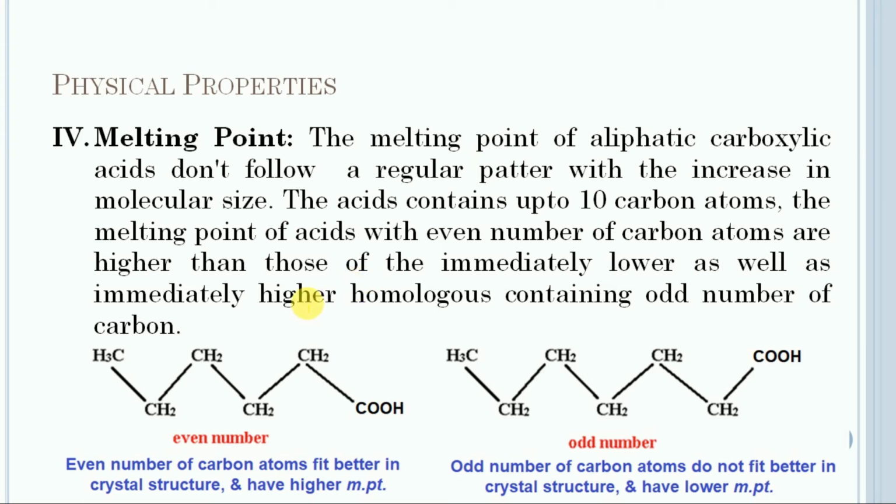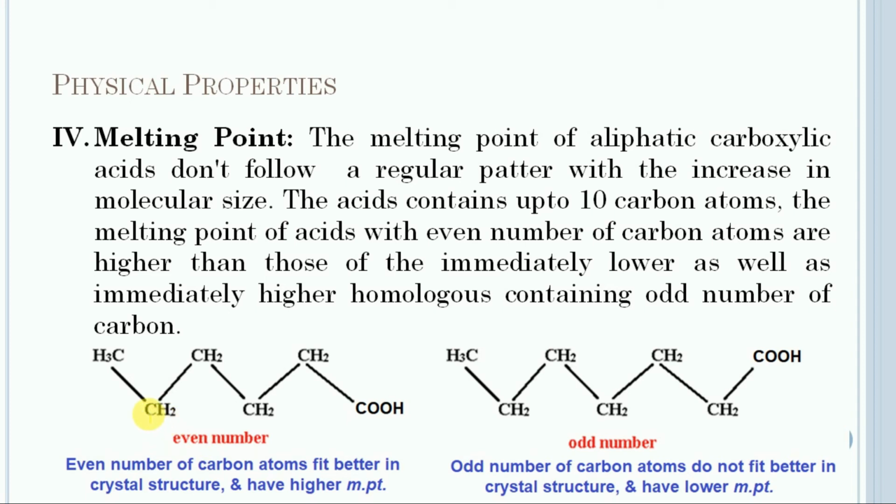This is because acids containing an even number of carbon atoms have the carboxylic and terminal methyl group on the opposite sides of the zigzag carbon chain. As a result, they fit in closely together in the crystal structure.